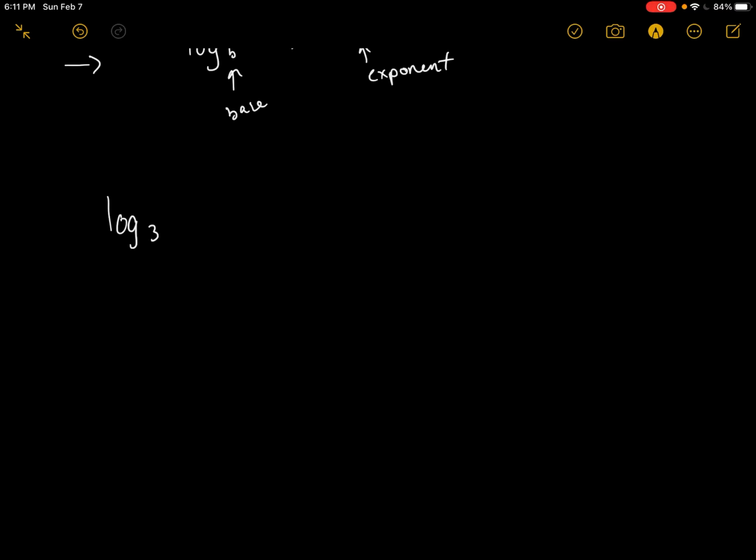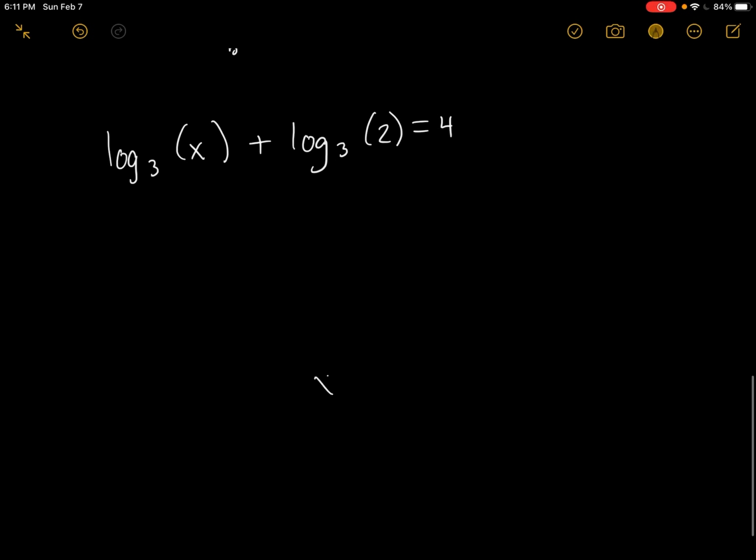So an example of solving. In a question like this, we still have balance, we still have our equal sign, and we're trying to get to an answer of x equals something. We don't know what yet. So we have to go back through this video and use all the skills we've had so far.